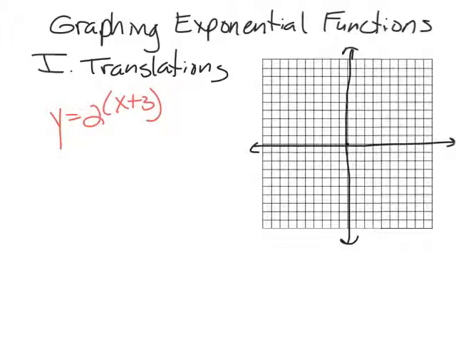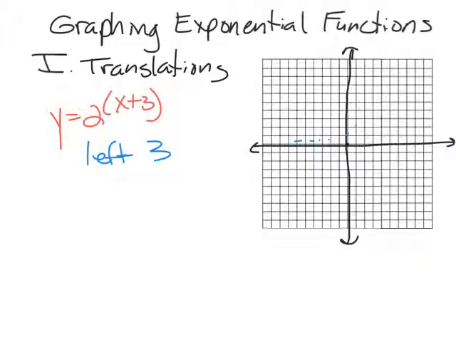Alright, so I've cleared my screen. I just want to focus on this one. y is equal to 2, and this is the exponent, x plus 3. What this says is I'm shifting horizontally by 3, and since it's positive, I'm moving left 3. So my standard function would cross the y-axis at 0, 1, and if I move to the right by 1, I would go up 2. So I'm going to dot that in. Here's my standard function.